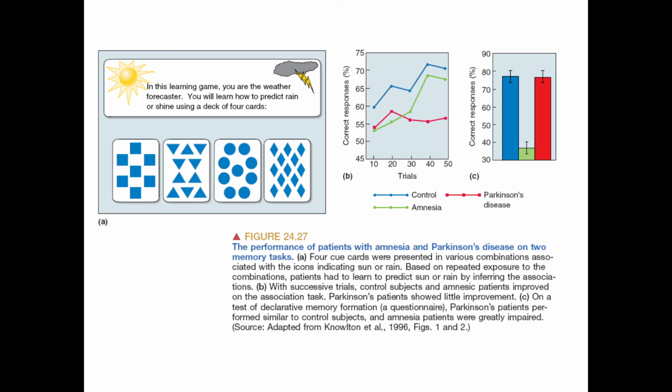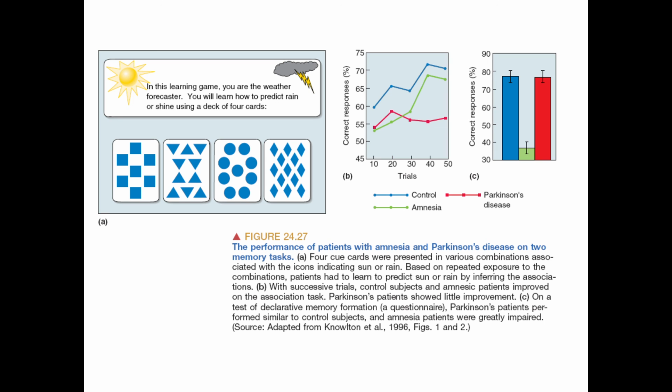We know Parkinson's disease is related to some impairment in the striatum, I mean the connection between the midbrain and the striatum. You can see that the performance of people with Parkinson's is worse when you have to perform a task that requires what we call procedural memory. That is what is shown in figure B.